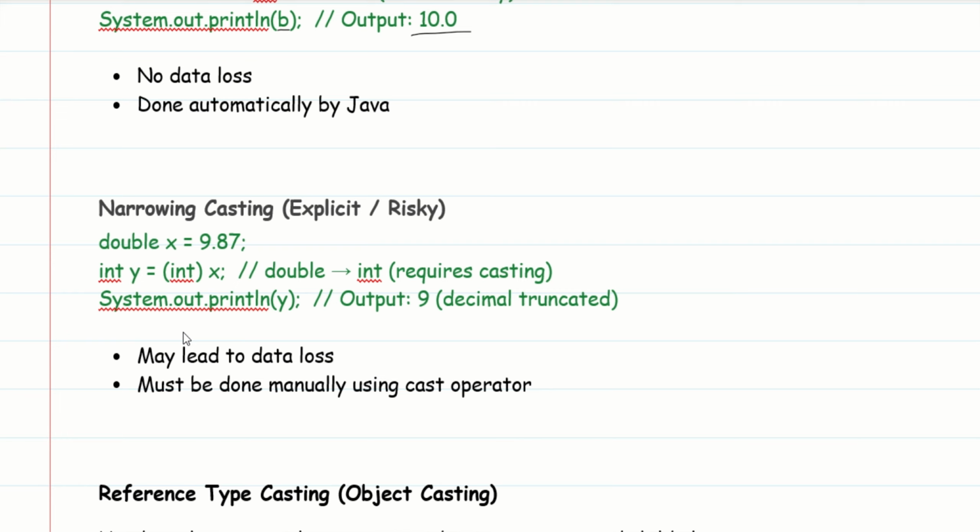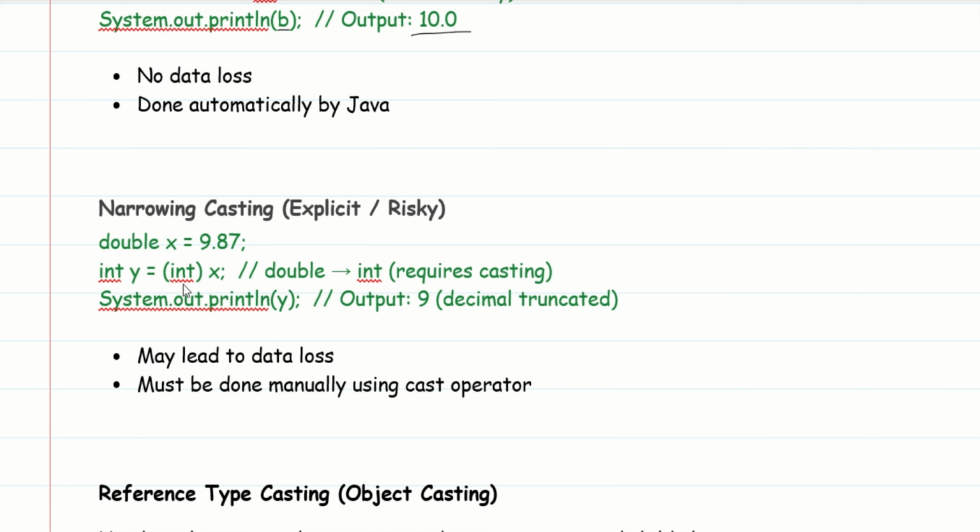In case of a narrowing one, you have to do it manually using a cast operator. You have to use small brackets, and within the small brackets you need to add whatever type we want to convert to. Here I want to convert double to int. The double value is 9.87, so I have initialized it. Then I'm assigning the double reference variable to the int. For this casting, I have to use, as I mentioned, brackets. Within that, I have to mention the type I want to convert to.